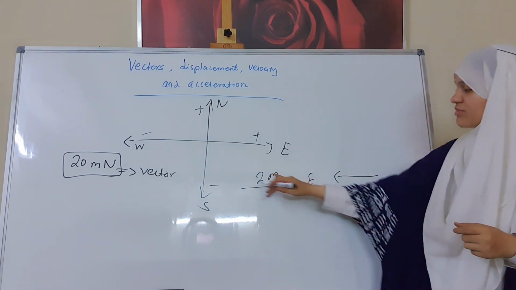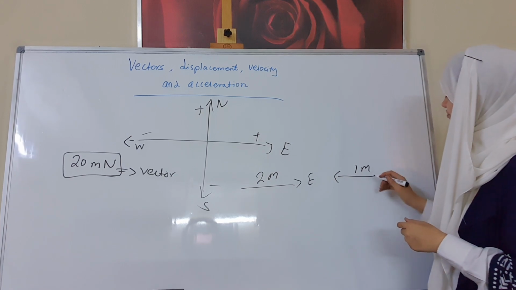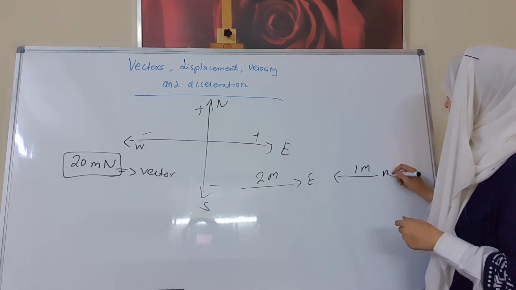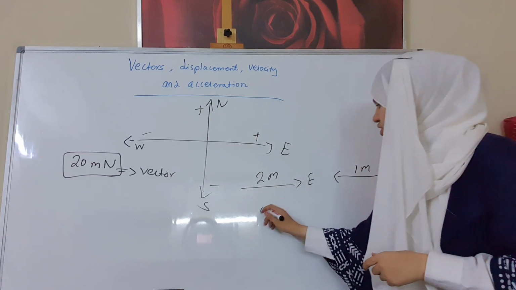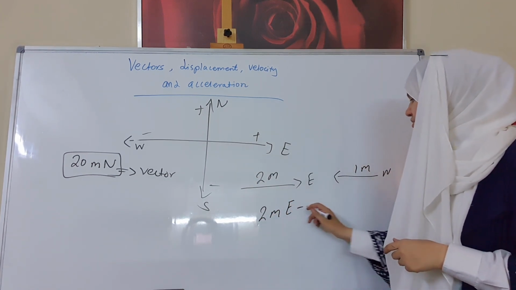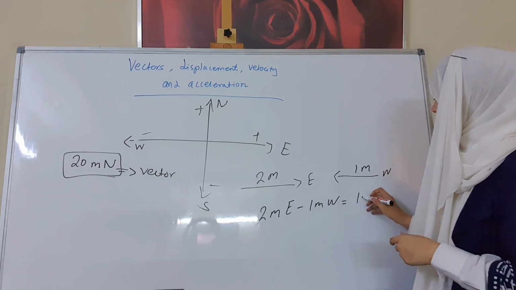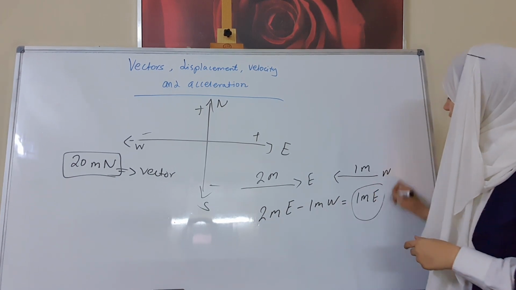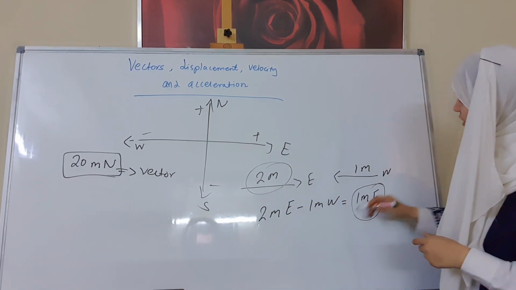Okay, so here 2 meters, and we have here 1 meter west. So what we are going to do is subtract them, because 2 meter east minus 1 meter west is equal to what? 1 meter east. Why do I say east? Because the larger number is in the east. So it will be 1 meter east.